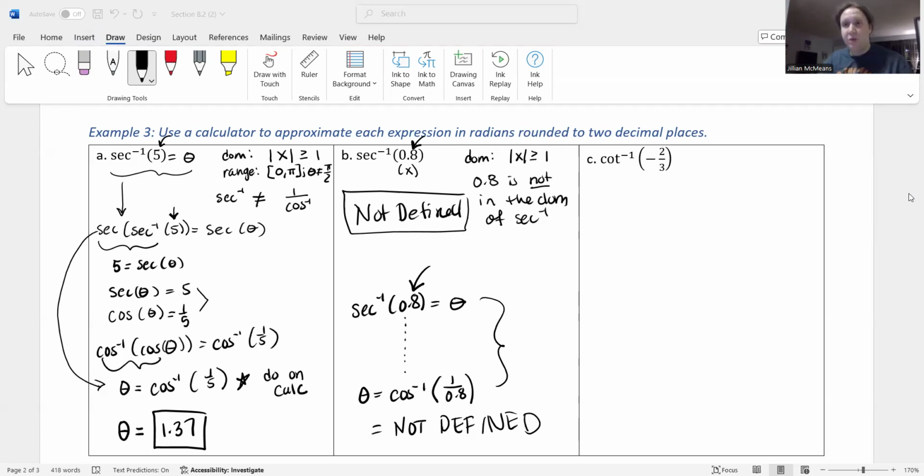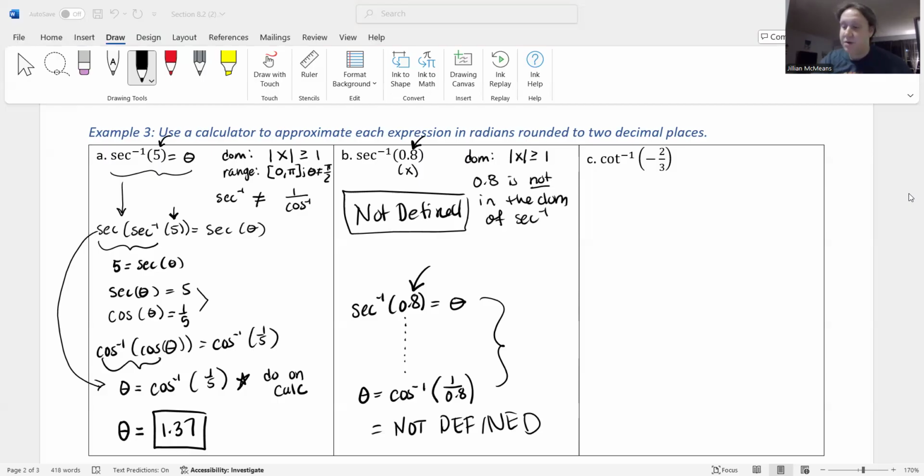We can't rewrite inverse cotangent as some tangent function like we did over here for part A with secant and cosine, okay? And what we do know is that inverse cotangent does have the same range restriction as inverse cosine, but we can't just rewrite this as a cosine because cosine and cotangent aren't reciprocals of each other.